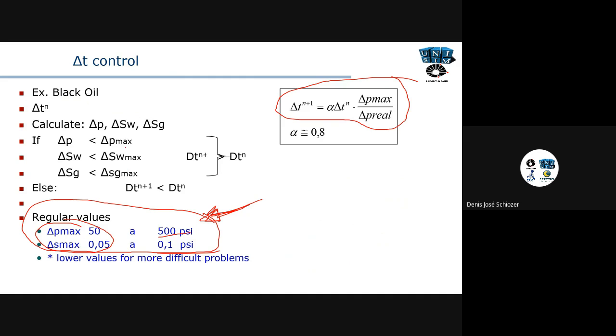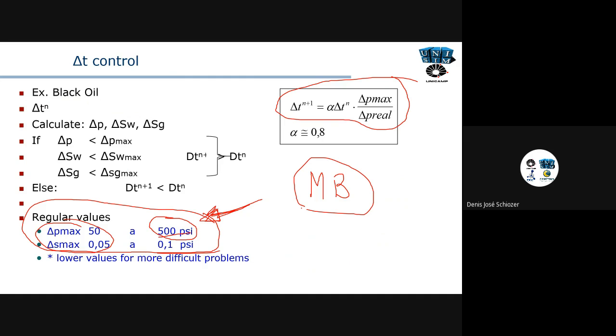Another way to control the time steps, let's assume that you use the default, and the default of the simulation is 500. Okay. Another way to control these things is at the end of the simulation. I don't know if you have seen this in your projects with your tutors, but at the end of the simulation, there is a calculation of the material balance of the equations.